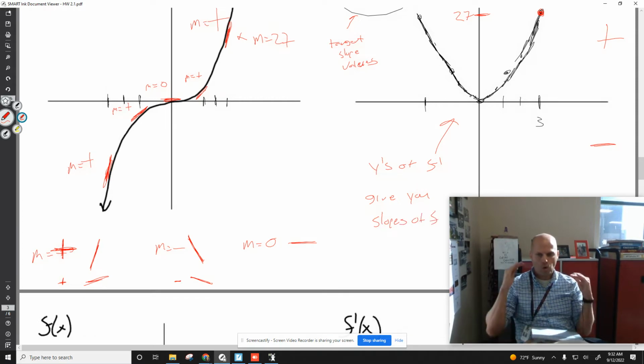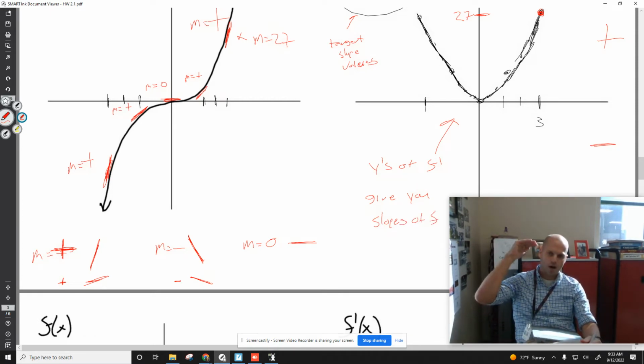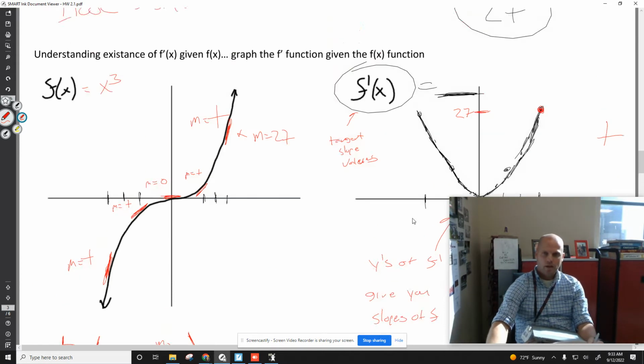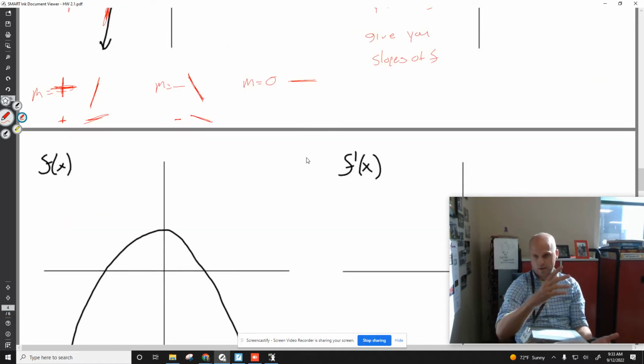You need to hold on to that understanding. If you have an f prime equation, its y values give you the slopes of f. We'll find out what this equation is in a second. We actually did it in class.